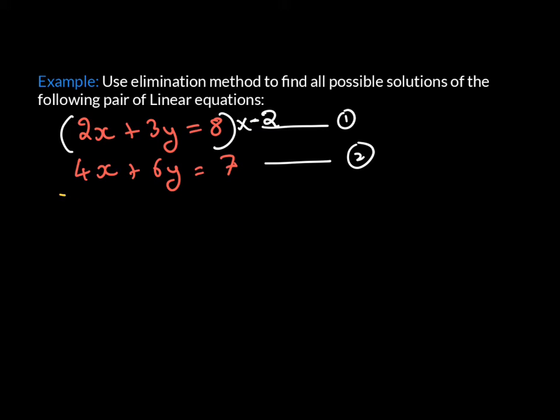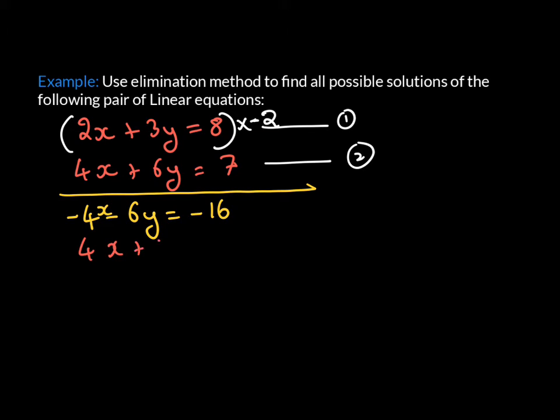Now let's see what happens. Our first equation becomes 2 times -2, which is -4x, plus 3 times -2, -6y, equal to 8 times -2, -16. The second equation remains the same, 4x plus 6y equal to 7.